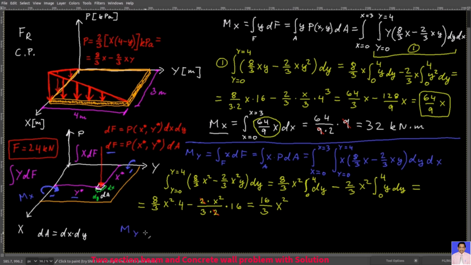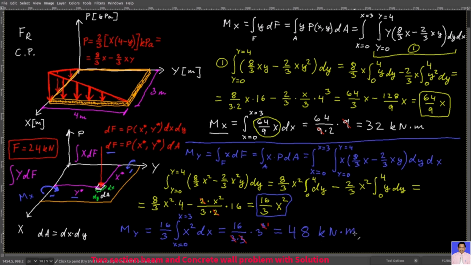And then the total moment about the y-axis, you get that when you integrate the result of the inner integral. So this is what you will get. You can cancel out these 3s here and the power of 3 here. It will just be 1. And so in the end, you will have 48 kilonewtons times meter. That's the total moment about the y-axis due to this pressure distribution, and according to the right-hand rule, it will be in the positive y direction. So this one is your My.